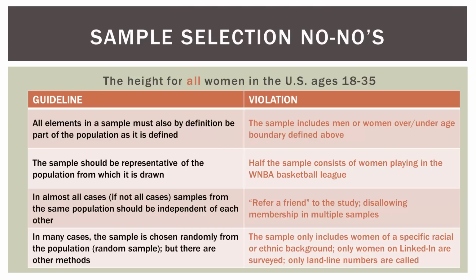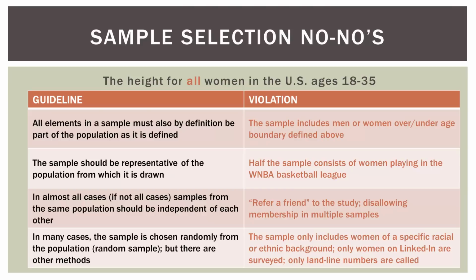Well, it's because women in the WNBA are on average significantly taller than the average woman aged 18 to 35 in the U.S. If it consists of such a large portion, in this case half, our sample is going to be tainted. So we need to make sure our sample is representative of the larger population.